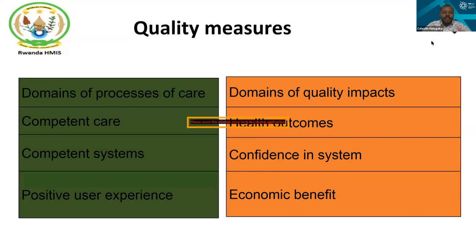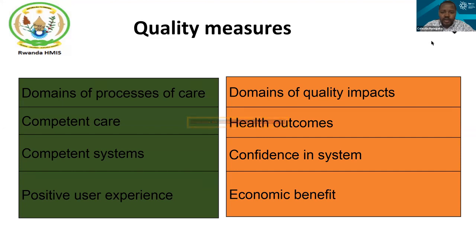Specifically, we looked at the reporting forms at the health center level and the hospital level, looking specifically at the process of care subdomains. Those include competent care, competent systems, and the positive user experience.